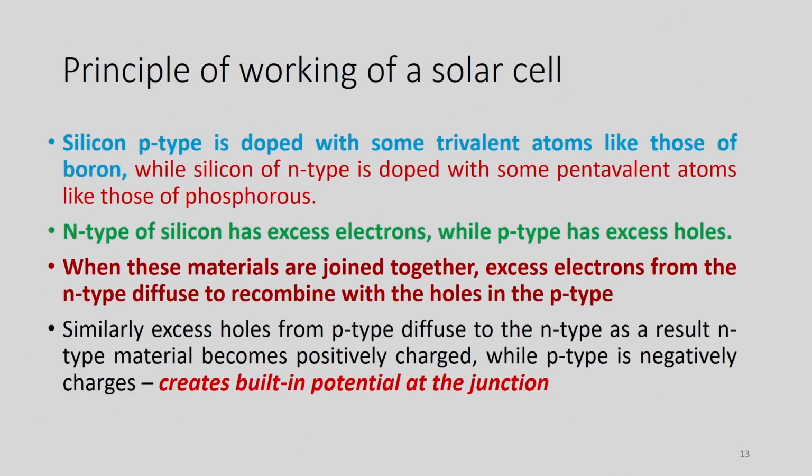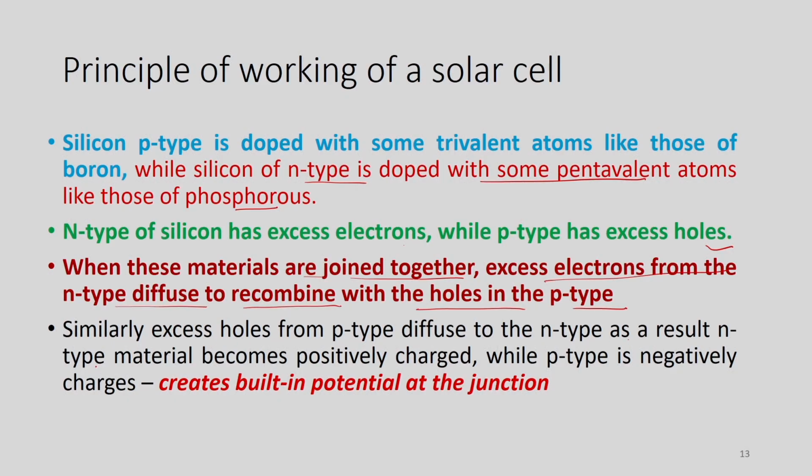Okay. So, what we can say is that p type silicon is doped with some trivalent atom like boron, while n type is doped with some pentavalent atoms like phosphorus. This n type silicon has excess electrons and p type has excess holes. When these materials are joined together, excess electrons from the n type diffuse to recombine with the holes in the p type. Similarly, excess holes from the p type diffuse to the n type.